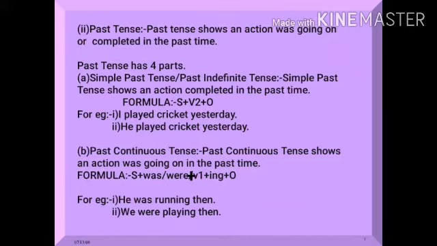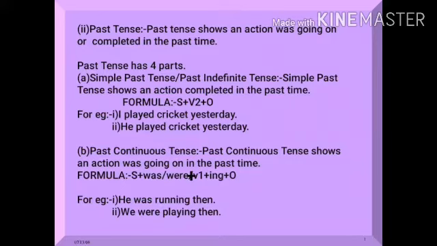Now you can see here I have written he was running then. He, it's the subject, was, with he I must write was, then run, it is the V1, then ing, running, then is showing the time. Now similarly I have written we were playing then.